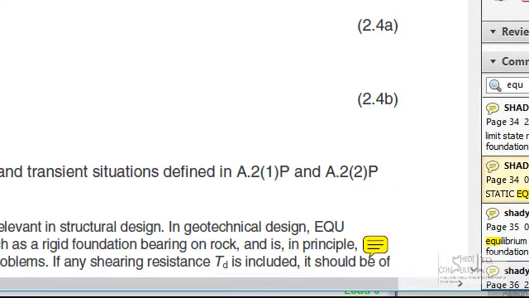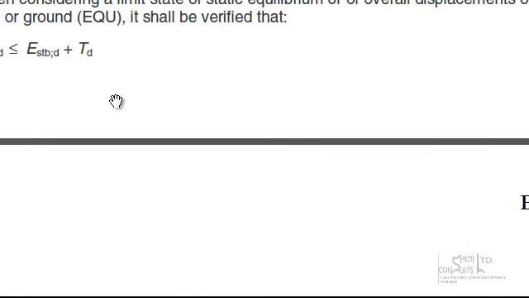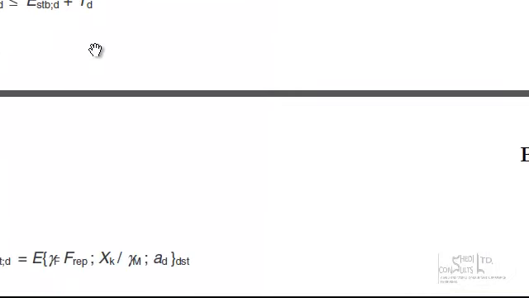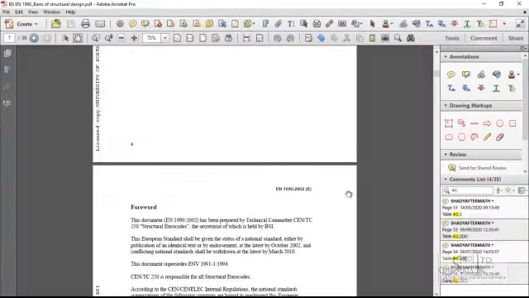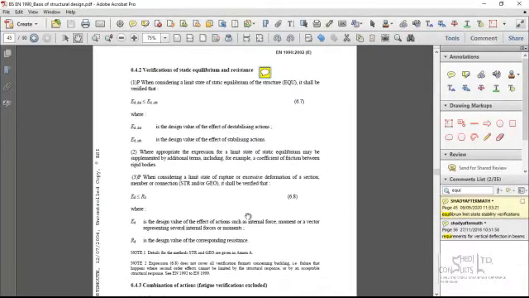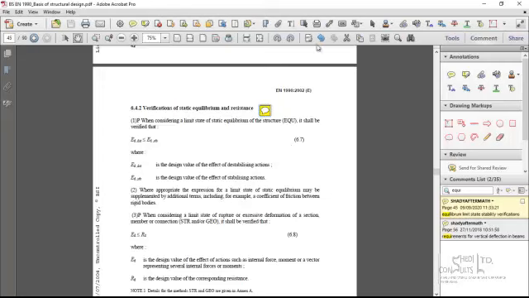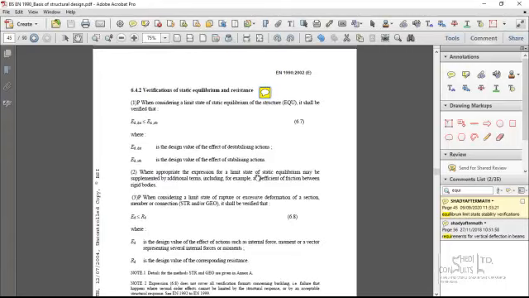Look at what the code states. It states that the effects of the stabilizing force must be greater than the effect of the destabilizing force. This is also captured by BS EN 1990. BS EN 1990 also reiterates that for verification, this is the code, the design basis for any Eurocode design.